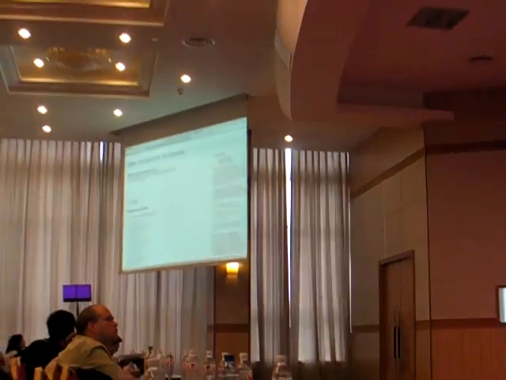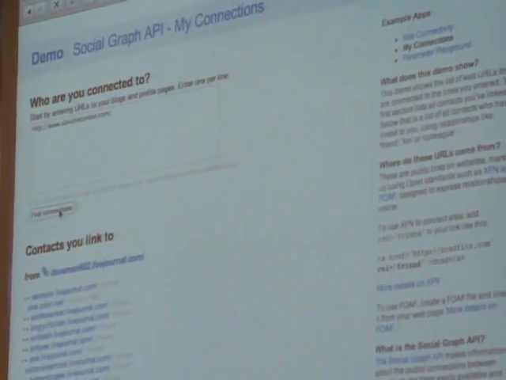The second thing you're able to do with it is ask the API, ask Google, who a user's friends are. What this will do is start with my website, look at all the different sites I use, and then tell you in a programmatic way what other people I know.